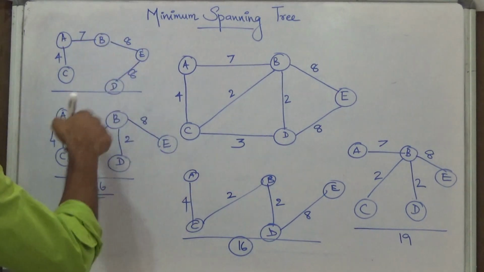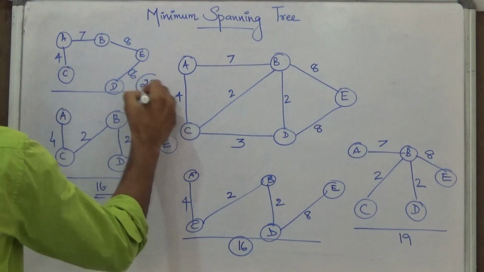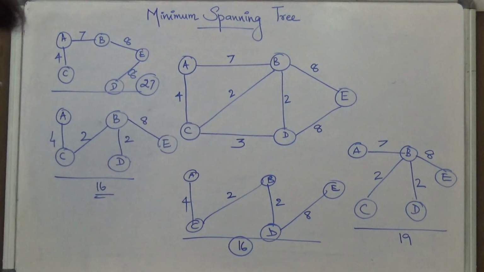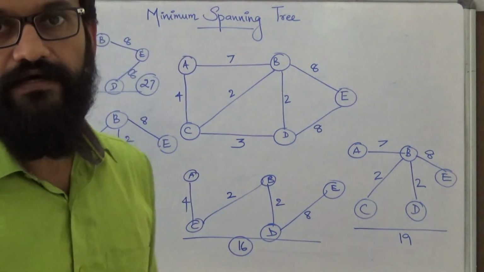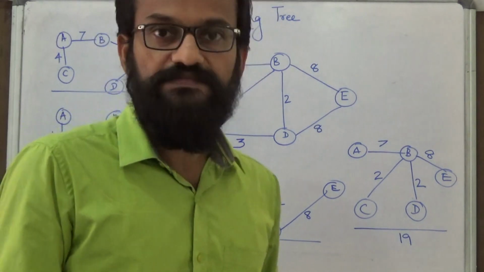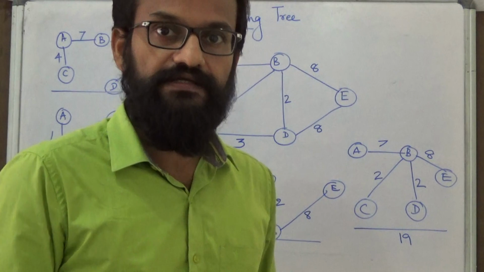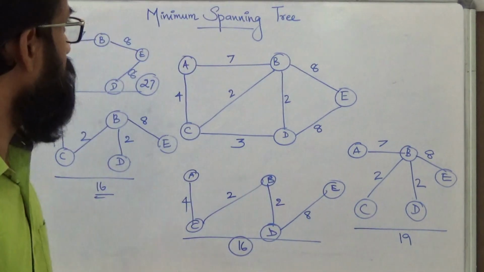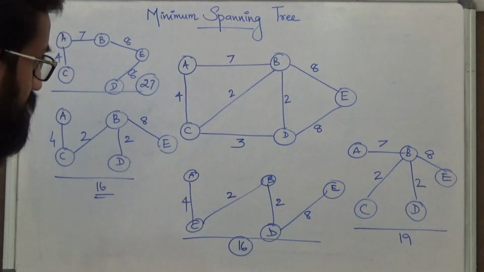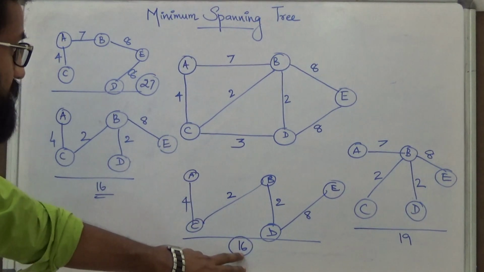So if you consider total cost, it is 27. So given a weighted undirected graph, you can have multiple spanning trees, out of which some spanning trees will have minimum total edge weight. So that spanning tree is termed the minimum spanning tree or minimal spanning tree. In this case, this is one minimum spanning tree.